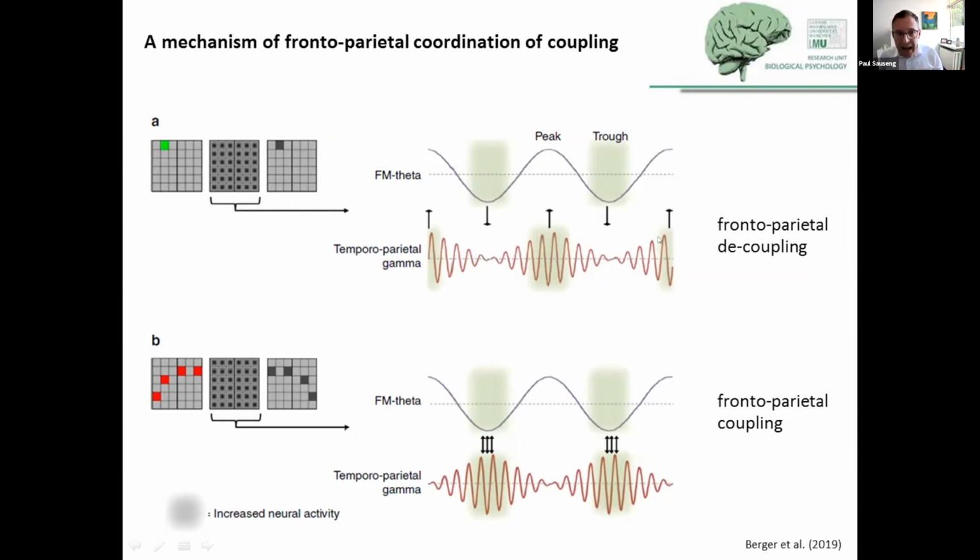So in this case, this really, really easy task where it is not really necessary to recruit a multiple demand network, you would have a pattern that looks like active decoupling, making it in fact nearly impossible for neurons in the temporoparietal cortex to be active at the same time when you have increased activity in the medial prefrontal cortex.